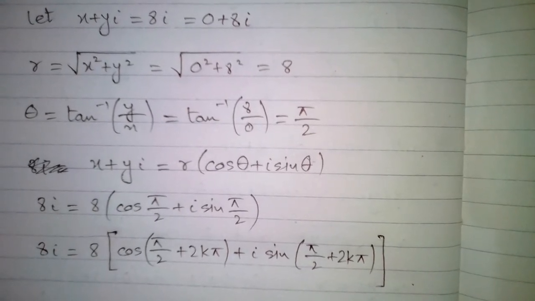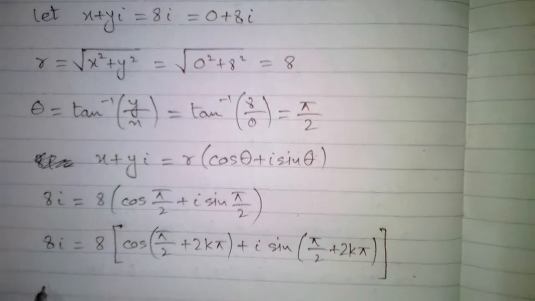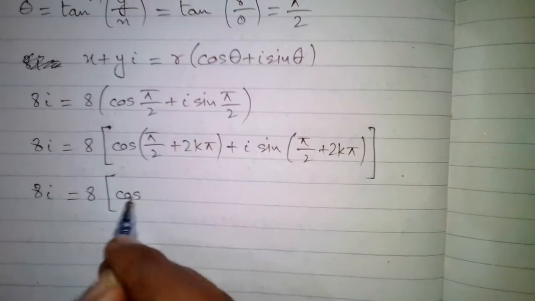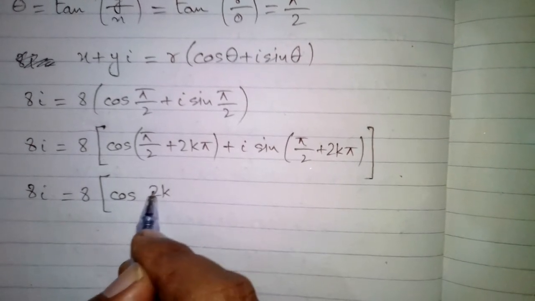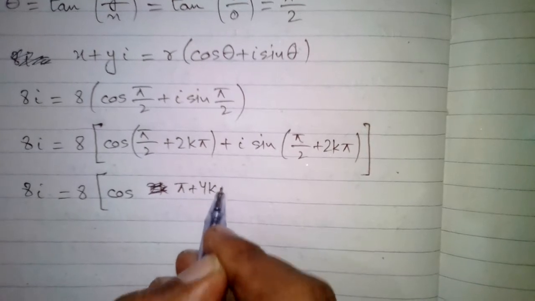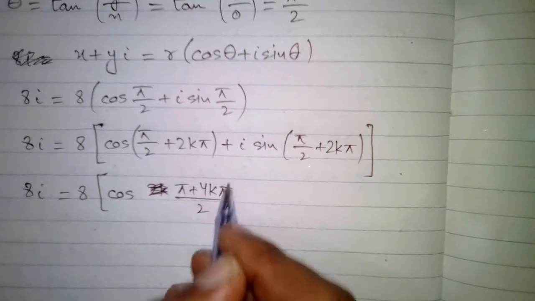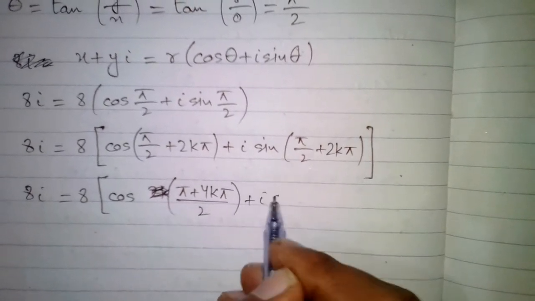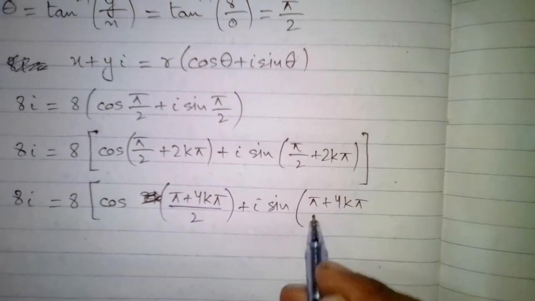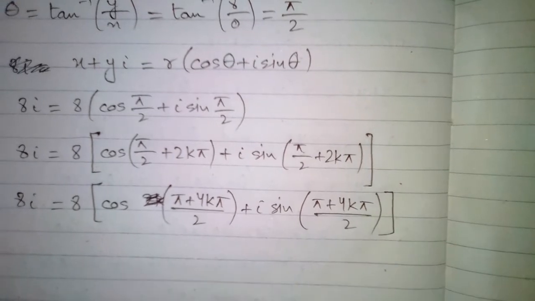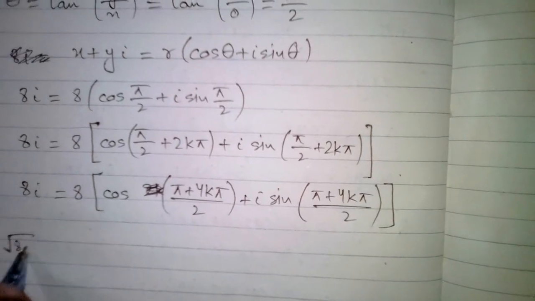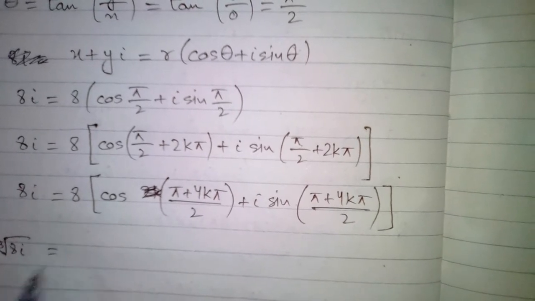Now after that we can further simplify this. So we have 8 times cos of pi plus 4k pi by 2 plus iota sine pi plus 4k pi by 2. Now we will take the cube root of 8 iota. So we have cube root of 8 iota.